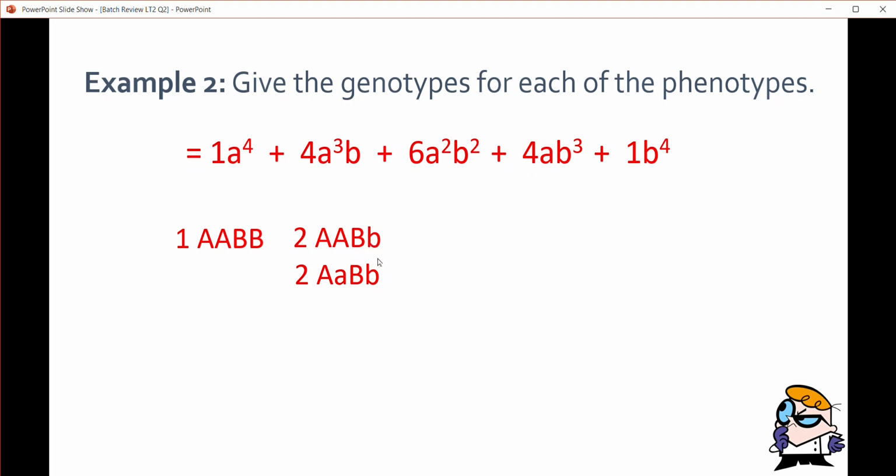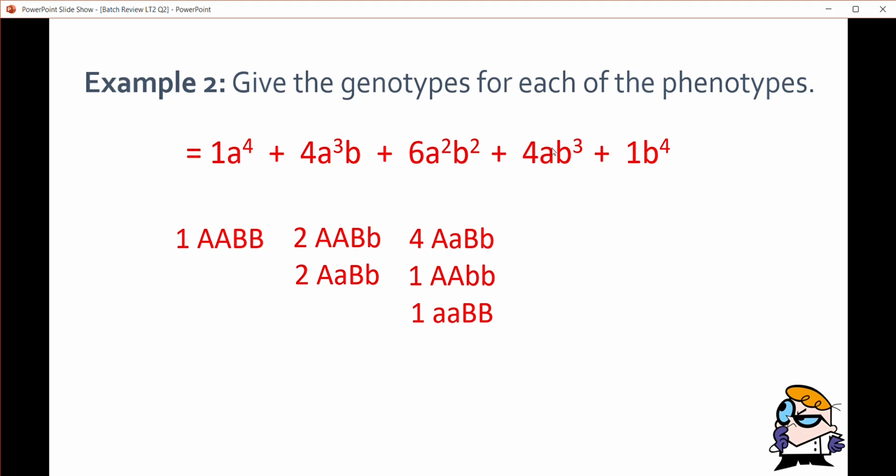There are two each of these, so you have a count of 4. And then you have here 2 dominant and 2 recessive, so there will be 2 counts per each. 4 of this, 1 of this, and 1 of this, so you have a 6 count for this combination of the genotypes.